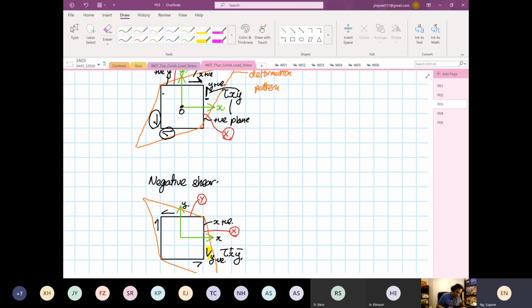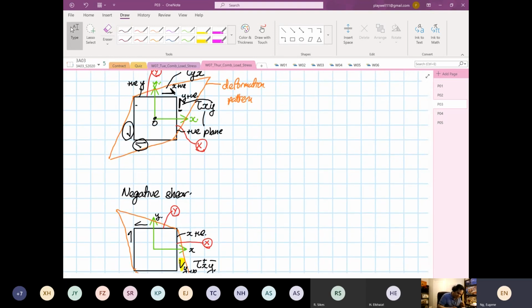So what we see over here, based on this stress state, stress X and stress Y both are equal to 0. We did not draw any normal stresses. Then you have shear XY equal to shear YX, and this is positive.